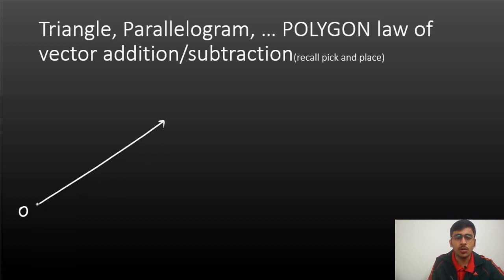This is O, this is A. So OA vector plus, let's say, AB vector, gives OB vector. Correct?